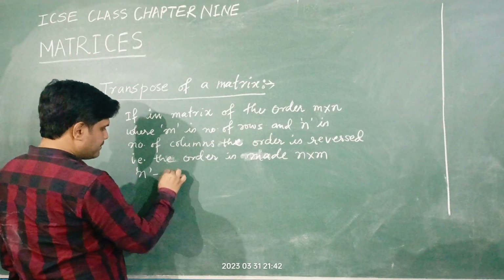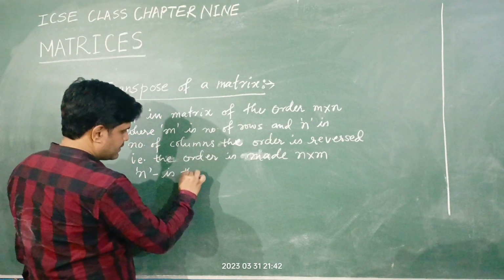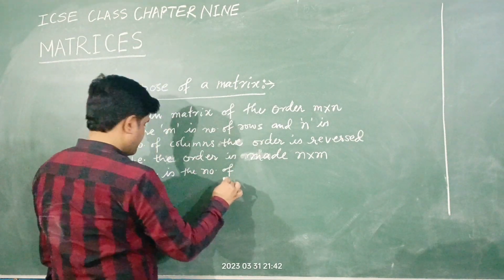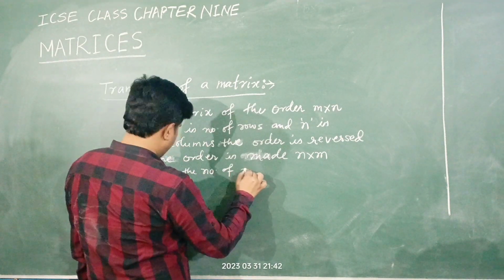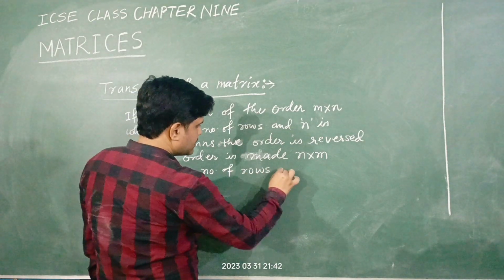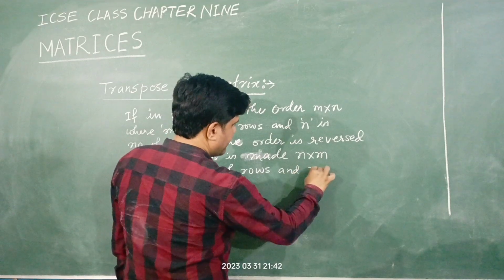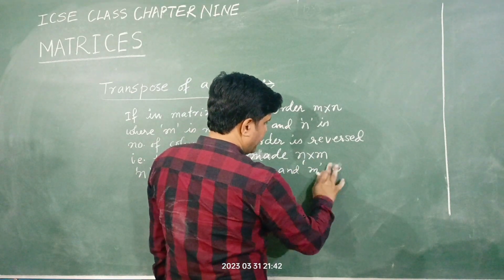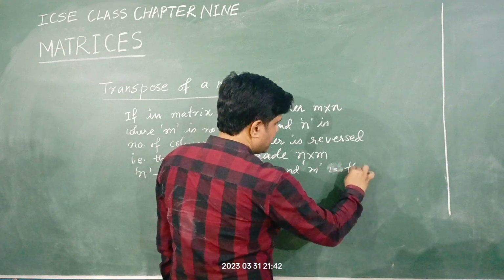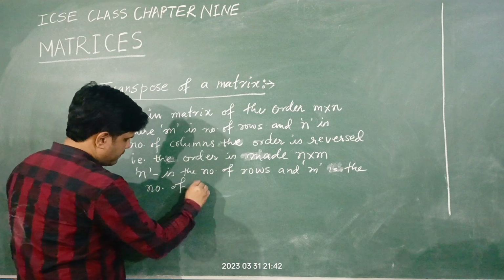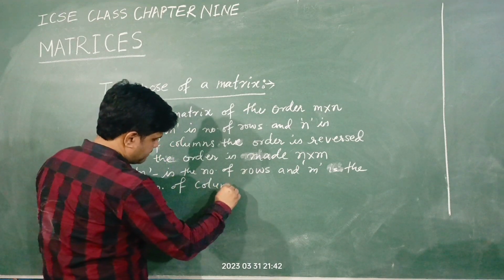So n is the number of rows and m is the number of columns.